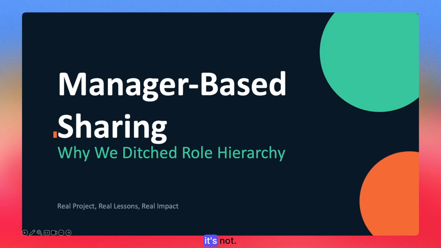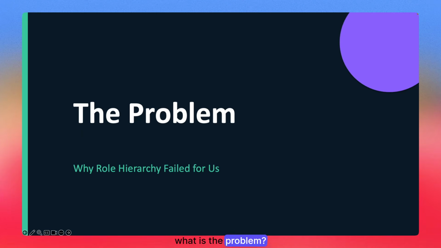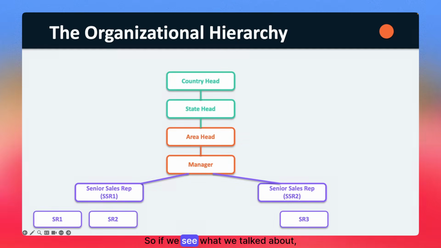Sounds simple. It's not. The way most people would build this is with role hierarchy, but role hierarchy doesn't fit. What is the problem? Why has role hierarchy failed for this kind of implementation? If we see what we talked about: sales reps, senior sales reps, then the managers, area head, state head, and country head.